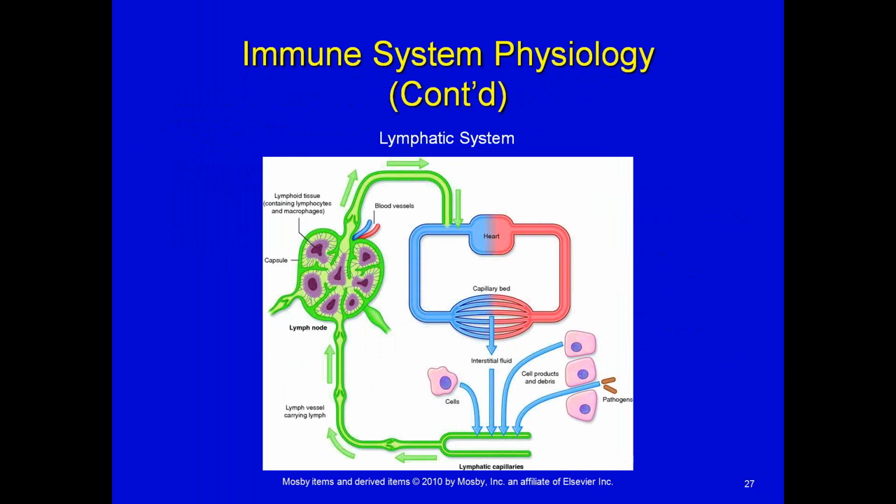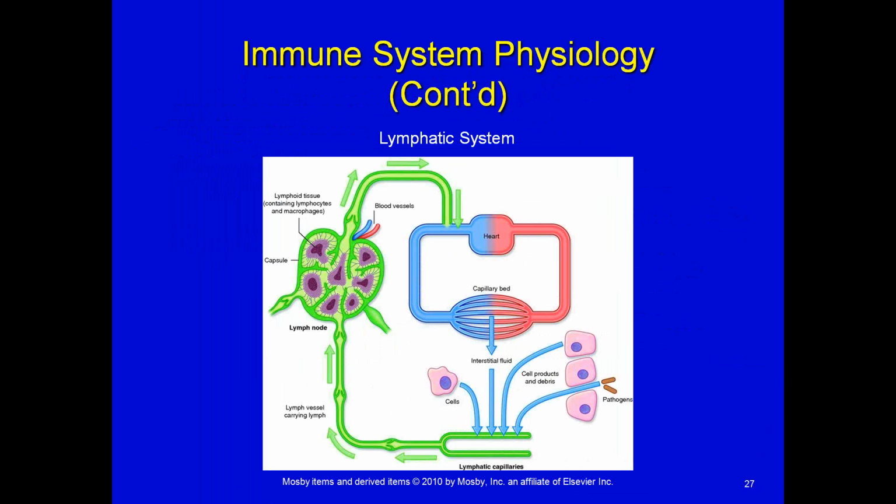And again, as was mentioned, the lymph node receives lymph vessels carrying lymph into the lymph node, and the lymph node filters the blood of harmful stuff as it makes its way back to the heart.